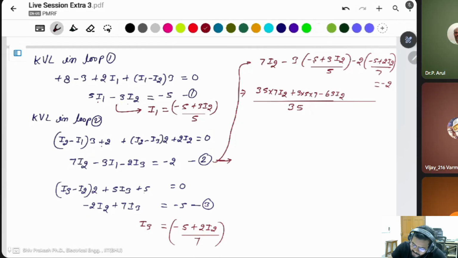This one multiplied by 5, 5 into 2 is 10, plus minus minus is plus, 10 into 5 is 50.